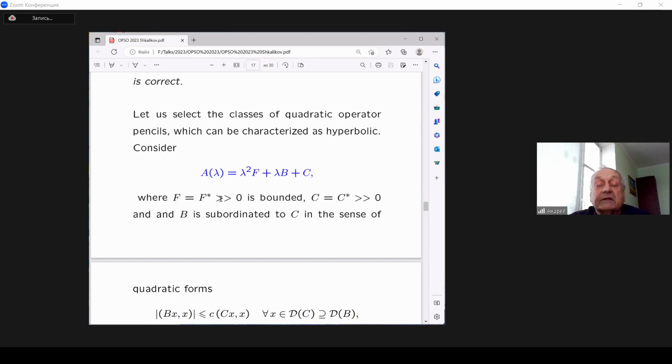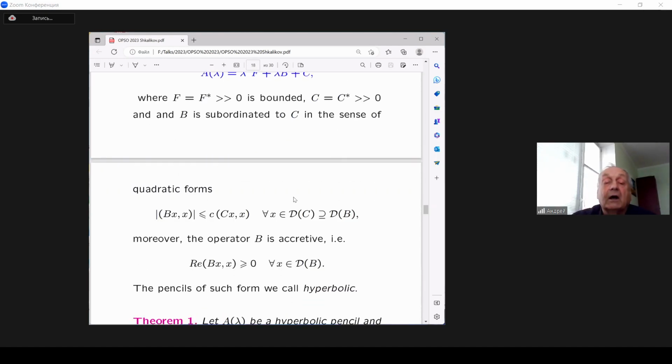Here, F is self-adjoint and uniformly positive, as well as the operator C, but B is subordinated to C in the sense of quadratic forms. This is subordination in the sense of quadratic forms, where c is a constant.